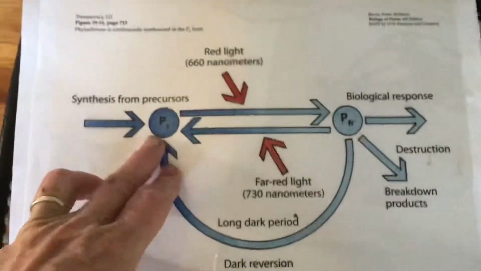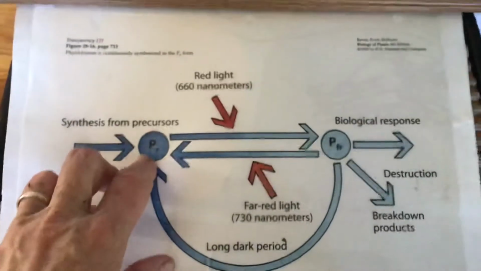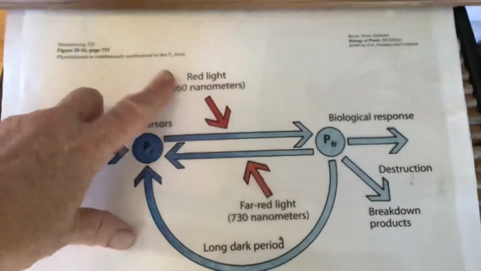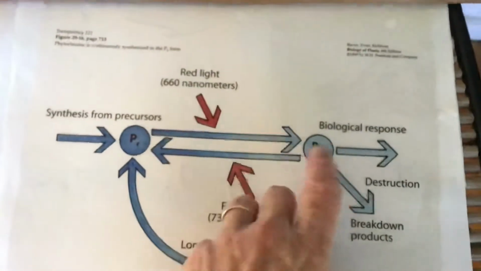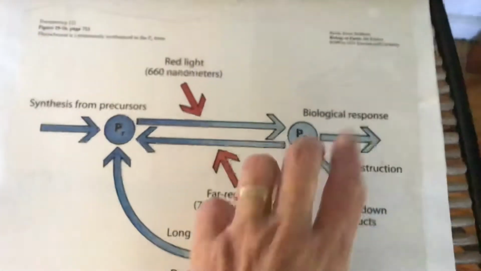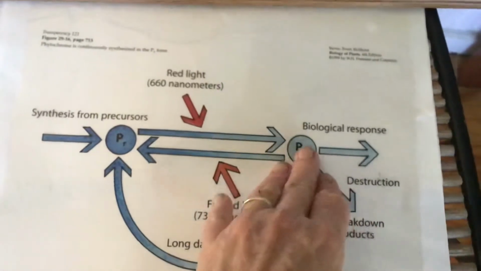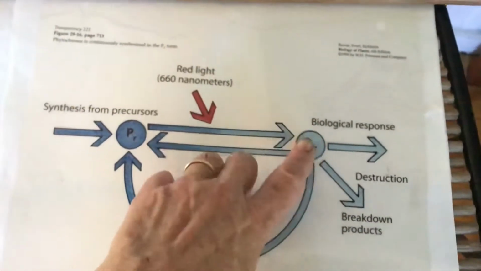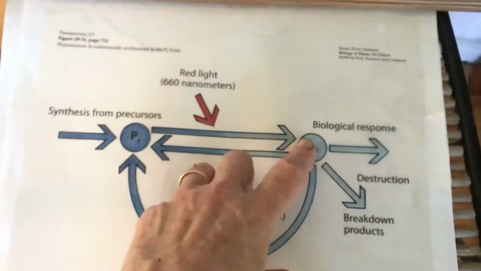Really the pigment that's in the plant is PR, and during the daylight, when there's plenty of red light available, PR will be converted to PFR. And PFR makes a biological response, or as it builds up, it's either going to make the plants long day plants or short day plants, and we'll talk about that in a bit.